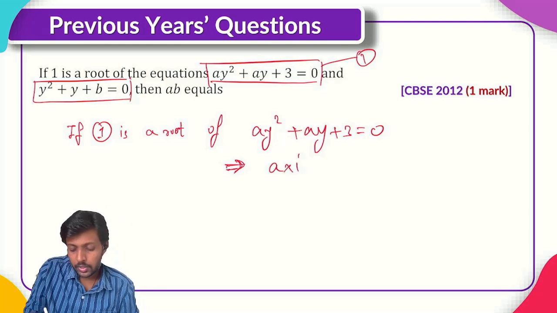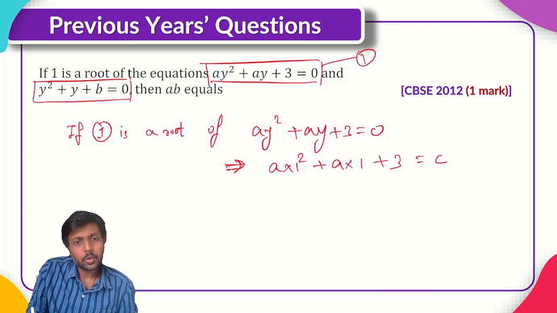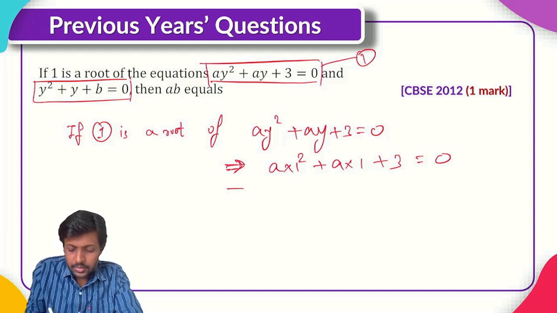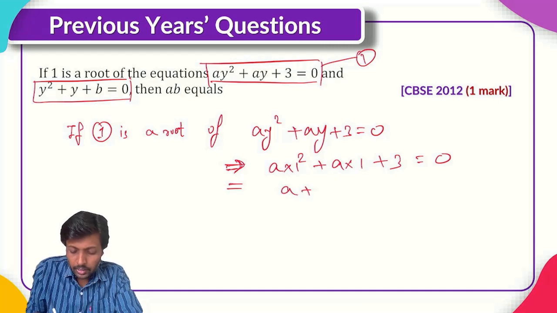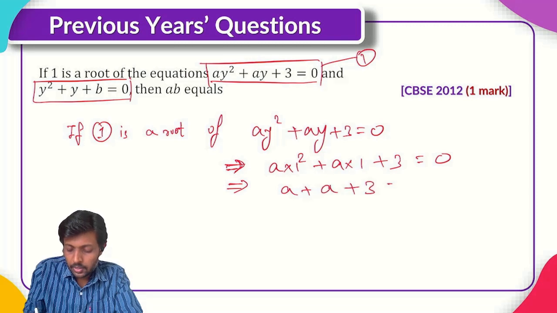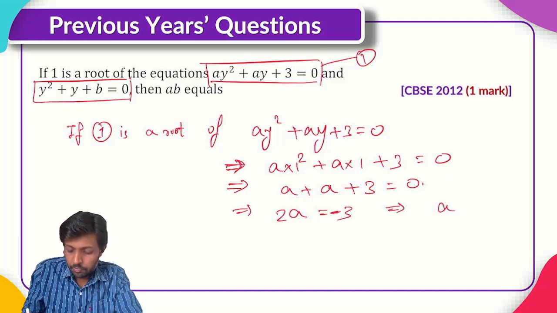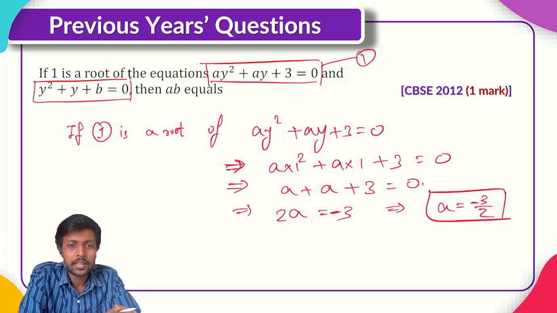So a into 1 square plus a into 1 plus 3 equal to 0. This gives us an equation: a plus a plus 3 equal to 0. So a is minus 3 by 2, or the value of a comes like this.